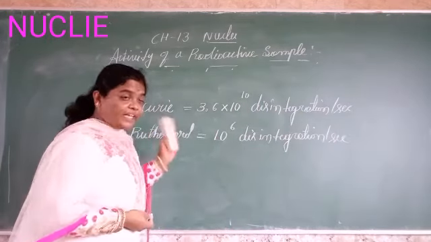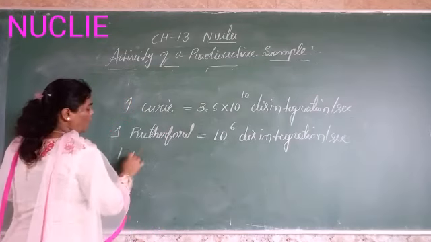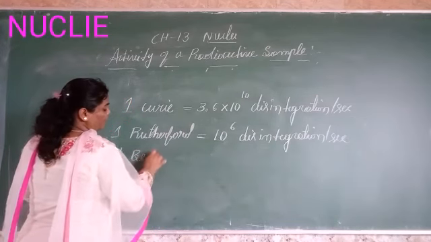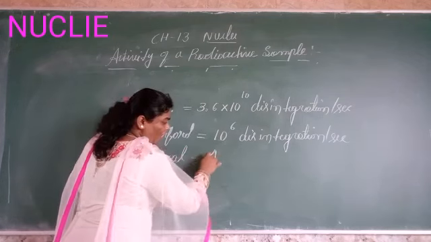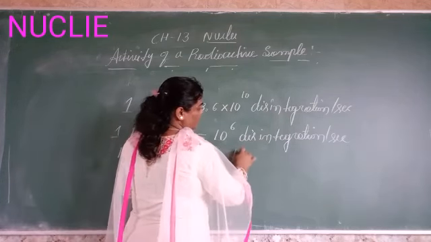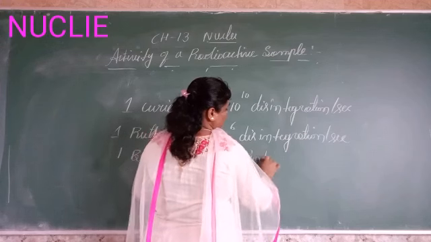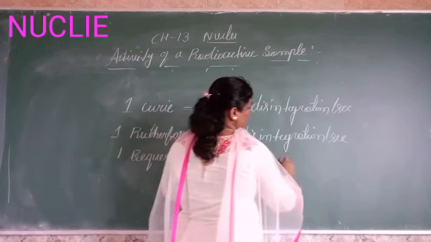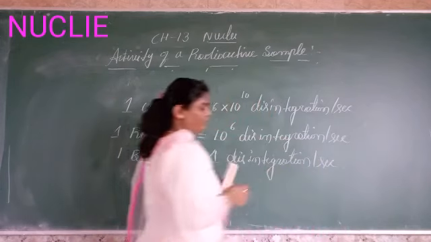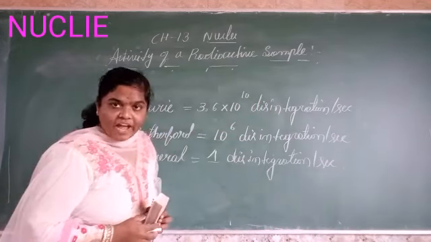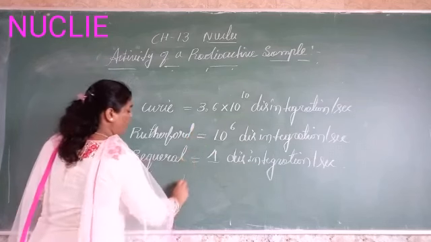Then we have another unit, 1 becquerel, which is equal to 1 disintegration per second.